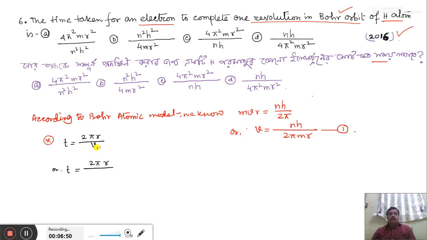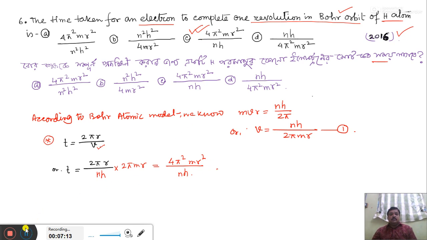Putting the value of v from equation 1, we get t equal to 2 pi r into 2 pi mr by nh. So it becomes 4 pi square m r square by nh. So option C is the correct one.